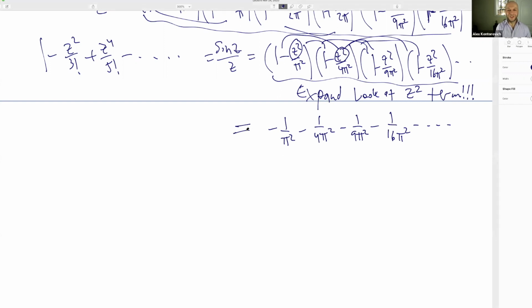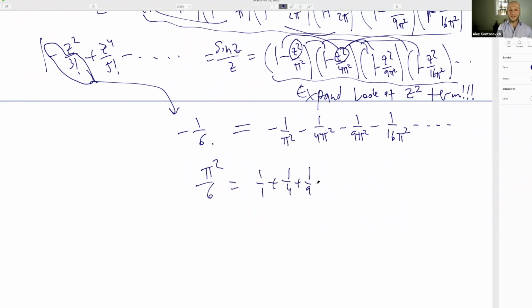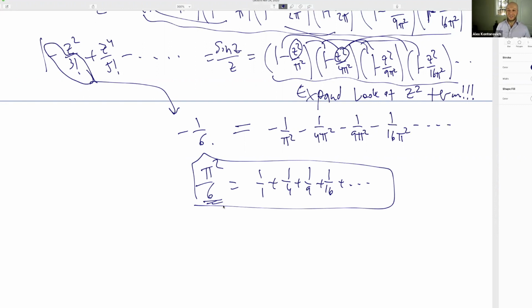But if I look on the other side, what's the z squared term? It's right here. So if I multiply through by negative pi squared, I get pi squared over 6 is 1 over 1 plus 1 over 4 plus 1 over 9 plus 1 over 16 and so on. Okay, so that's this number. That's this magical number that Euler identified.